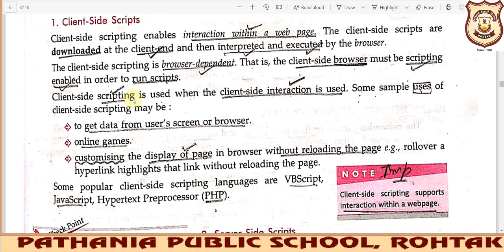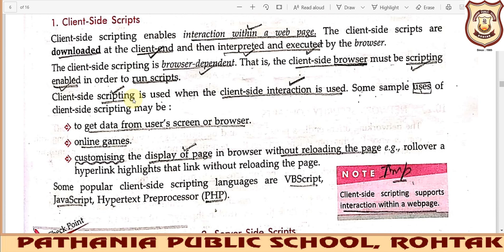Like when a client is playing online games, the client has to interact with the web browser. When online games are prepared, where the response of the client has to be taken, client side scripts are used to design the web page.